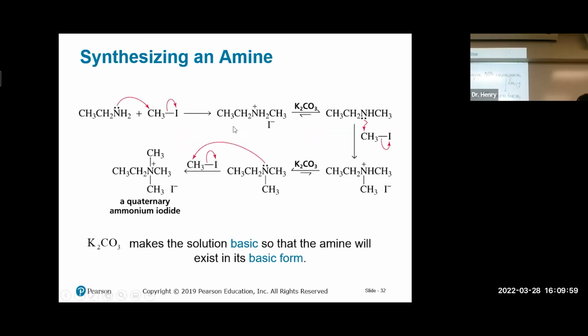So this first step here, right? That one's going to be really fast, right? And then the next step is going to be slower, and then the next step is going to be slower. Why are each steps getting slower? And then not only that, in our case, we use those big carbons, right? Which adds more steric hindrance.